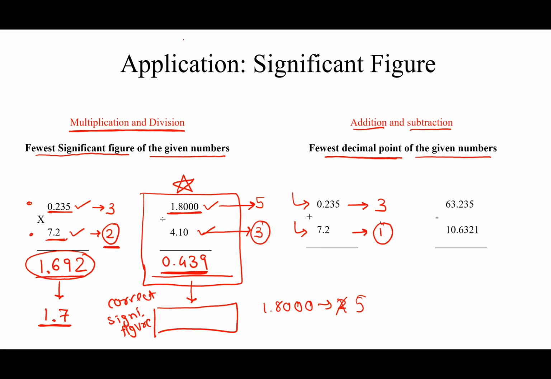If we have 3 digits and 1 digit, which one is lowest? 1 is lowest. So your final answer must have only 1 digit after the decimal point. I'm going to let you do the math, find out the whole answer, and then write down the answer in the correct number of significant figures.